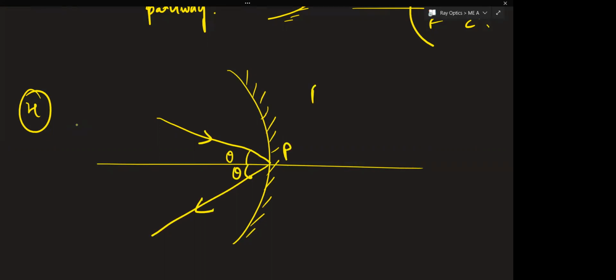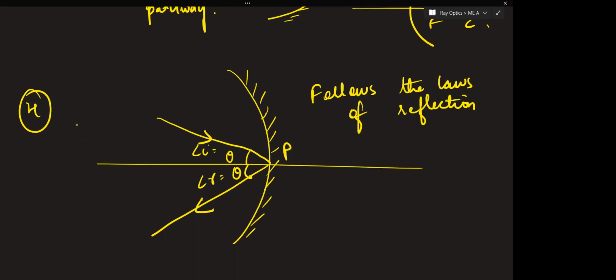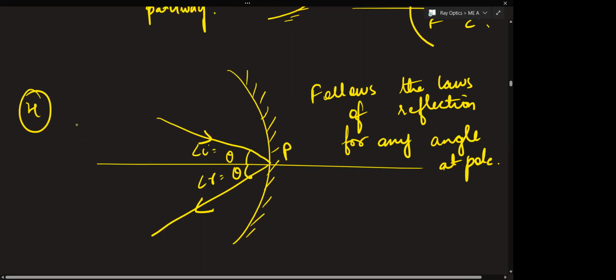It means angle of incidence is equal to angle of reflection. It follows the laws of reflection for any angle at the pole. Fine.